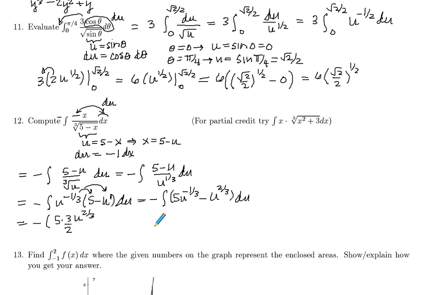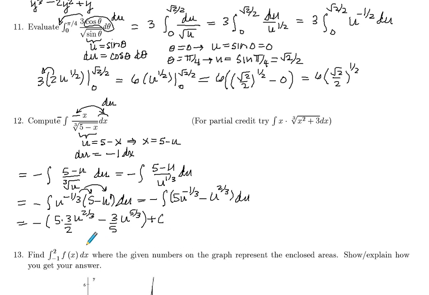If you let me do that in one step. Minus, and now add 1 to the exponent here. So 2/3 plus 3/3 is 5/3. So this is u to the 5/3. And then divide by 5/3 is the same thing as multiply by 3/5. And then plus a constant.